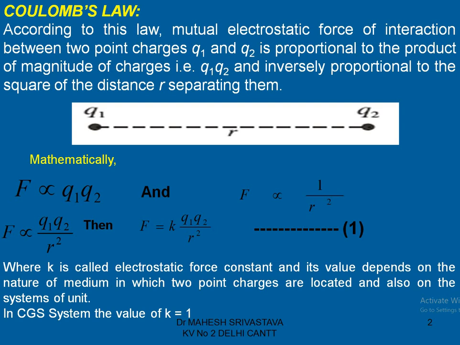For explaining Coulomb's law, first you understand that this law acts between two point charges or more than two point charges. Here the point charges which we are taking may be positive charges or negative charges, or one is positive, another one is negative.